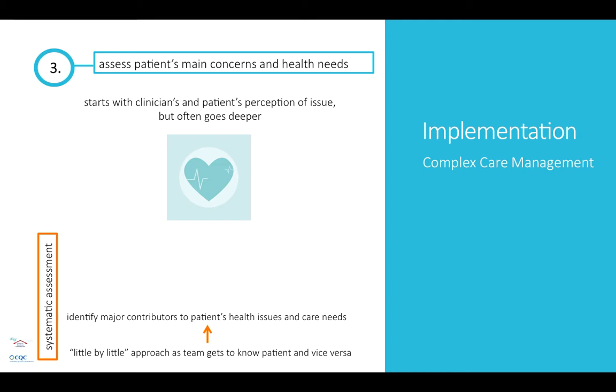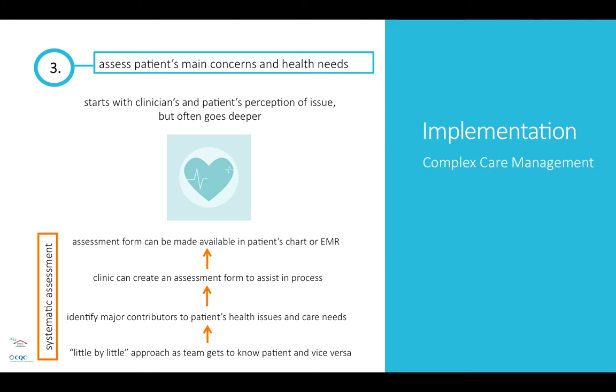Clinics may use an assessment form to assist complex care management team members in assessing patients. This can be made available in the patient's chart or EMR to facilitate communication with other team members and the patient's primary care clinician.